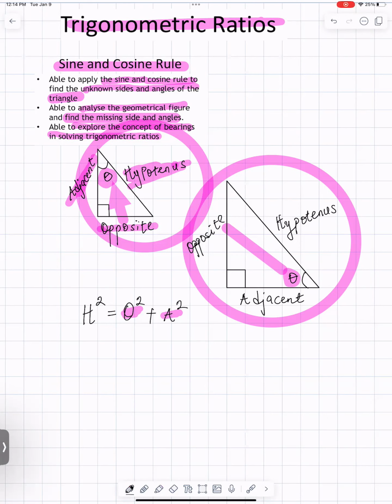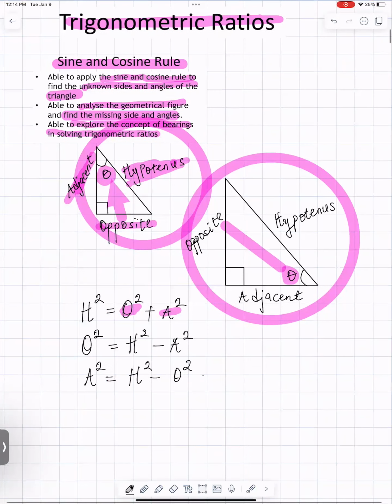If you are looking for the opposite side, we have h squared minus adjacent squared. And when you're looking for the adjacent squared of your right angle triangle, it is your hypotenuse squared minus your opposite squared. So how do we apply trigonometry to finding the angle of a triangle?